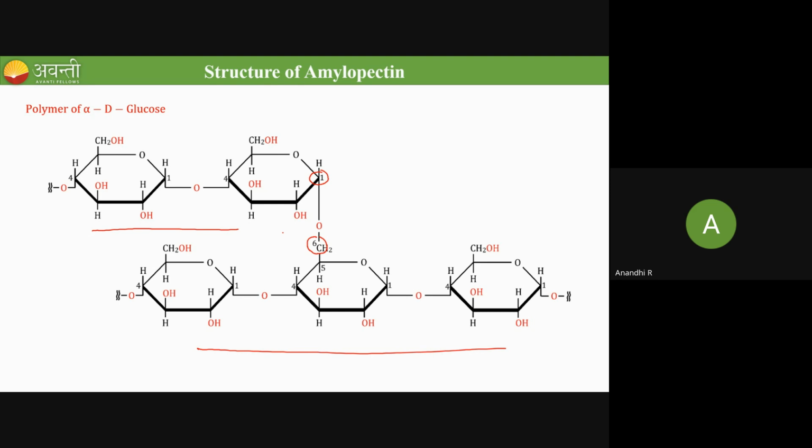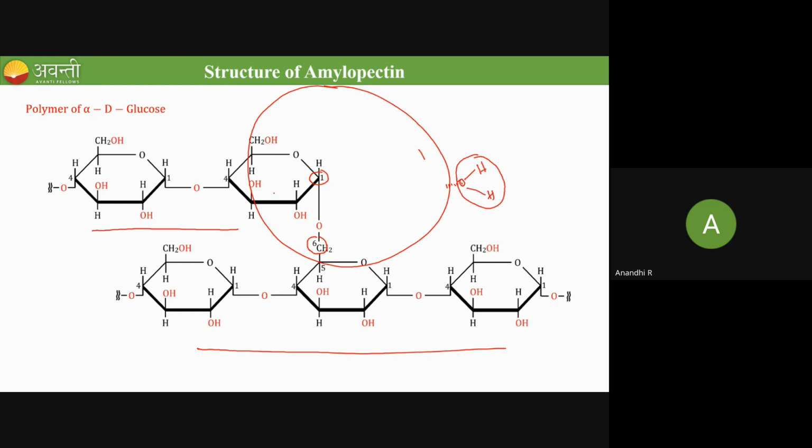Since it is a big molecule, it cannot form the bond with water, so it is insoluble in nature. Got it? Because water is very small. It has oxygen and hydrogen. If a big molecule comes in contact with it, it cannot form the hydrogen bond with water. So the solubility decreases. Clear?